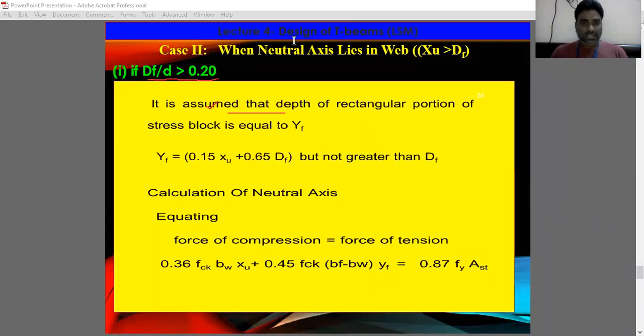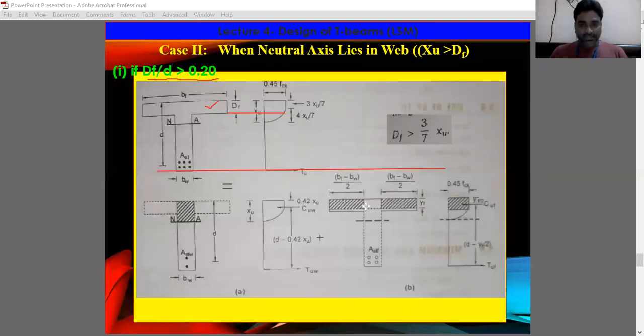You just calculate the modified thickness of flange. That means we are assuming that within this modified thickness of flange, the stress distribution is a rectangle. See here, this is the modified thickness of flange, and within this the stress is constant, right?